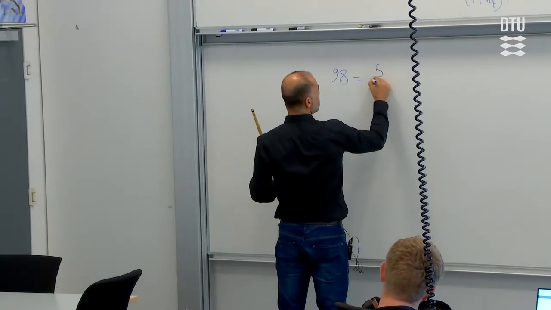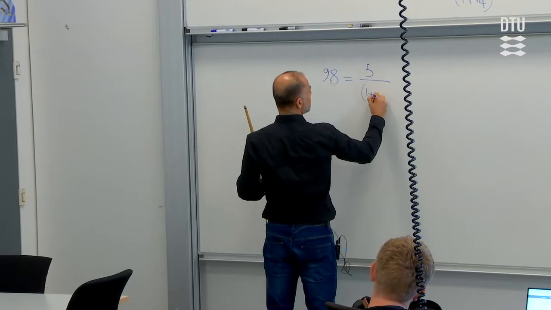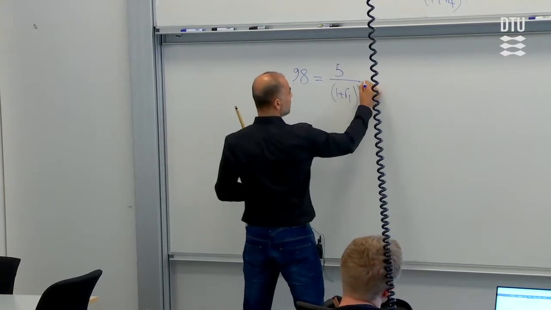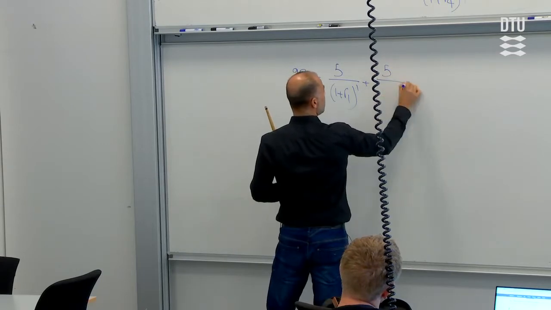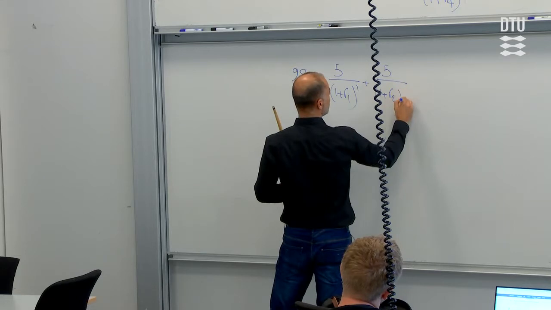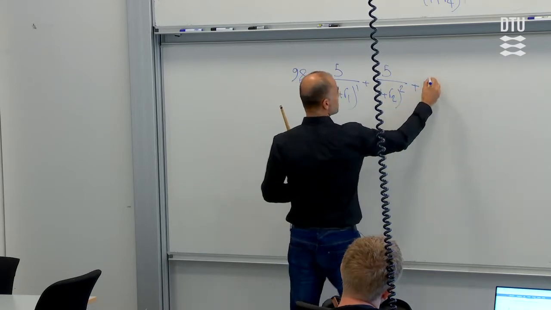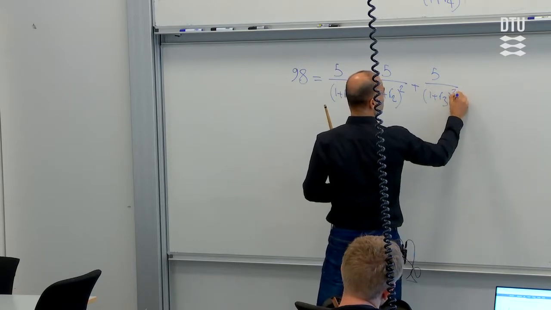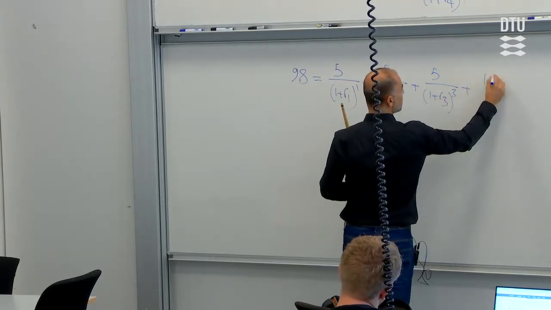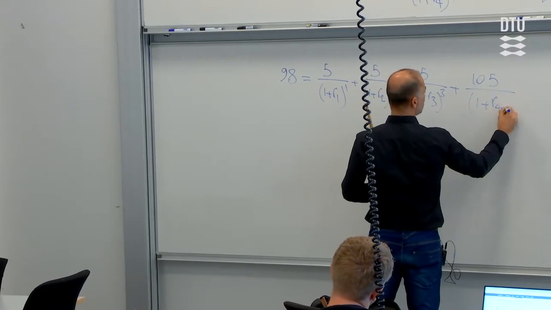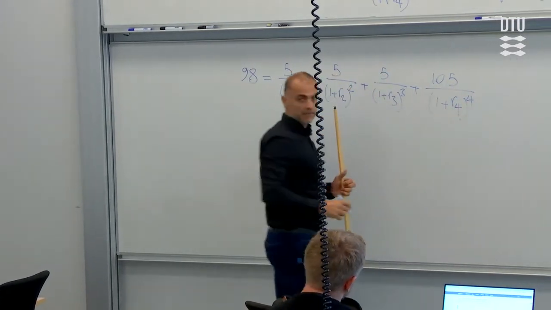So I have 5 divided by (1 + r1) to the power of 1, plus 5 divided by (1 + r2) to the power of 2, plus 5 divided by (1 + r3) to the power of 3, plus 105 divided by (1 + r4) to the power of 4, right?